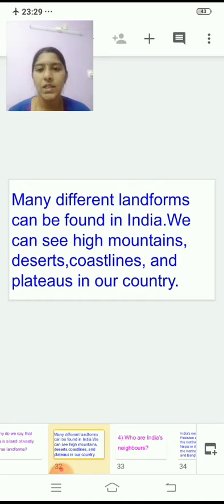As we have studied about the landforms of the world, because of that we call India a land of vastly diverse landforms.